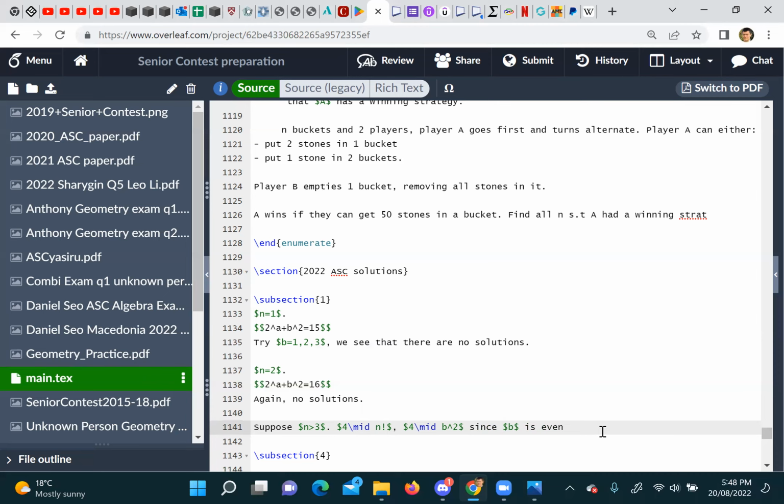But 4 does not divide 14, yeah? Therefore, a has to be 1, right?